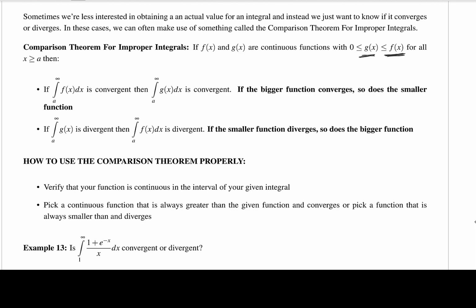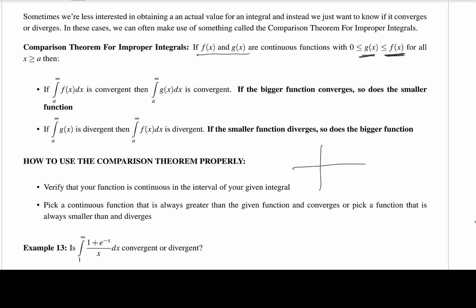So what we assume is that f of x and g of x are going to be continuous functions, and g of x is going to be strictly less than f of x, but it's also going to be greater than or equal to 0 for all x in our interval from a to infinity. Another way of saying this is that if you're comparing two integrals, the integral of f of x and the integral of g of x, both on the interval from a to infinity, if the bigger function converges, then so does the smaller function.